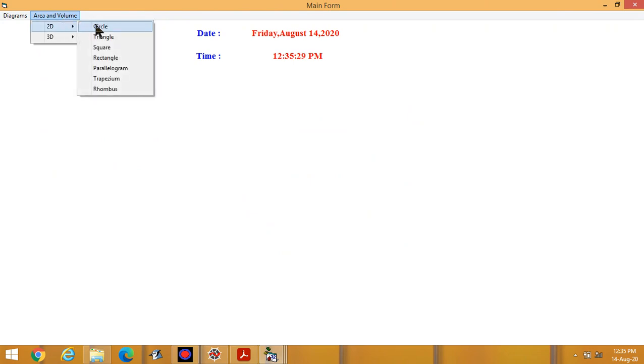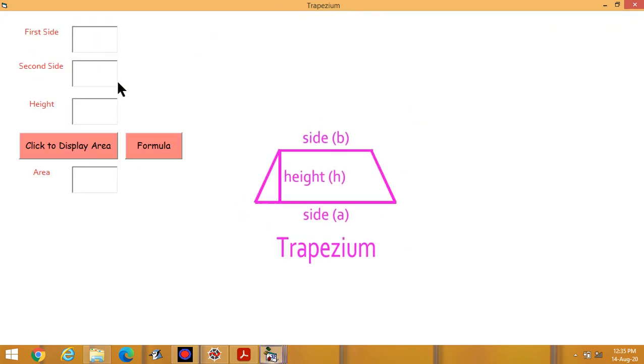And the next one is trapezium. This diagram is also known as trapezoid or trapezium. This one is side A, this one is side B, and this one is height, or you can say the shortest distance between side A and side B. Suppose side A is 14 and second side is 7 and height is 23.